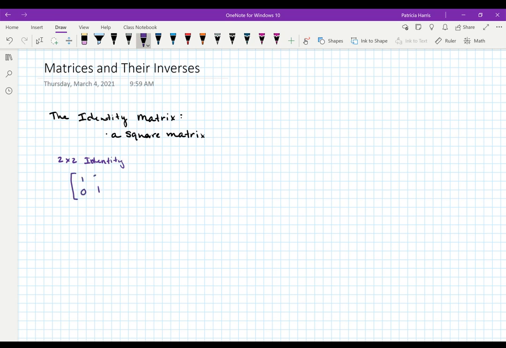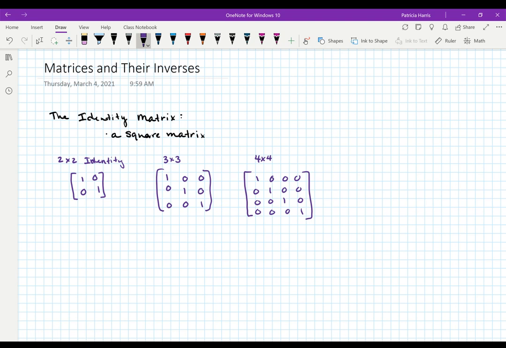Ones down the main diagonal, zeros everywhere else. 3 by 3, 4 by 4, just like that. Okay, and so on.